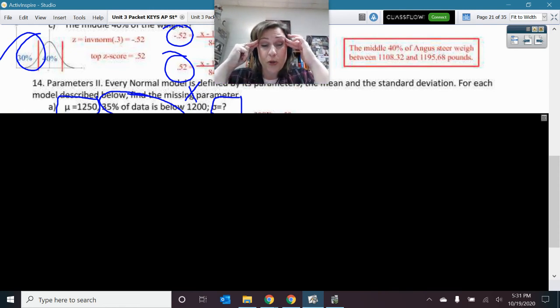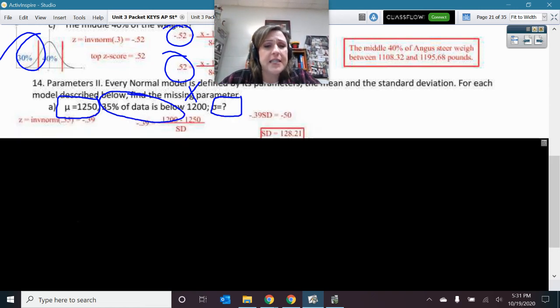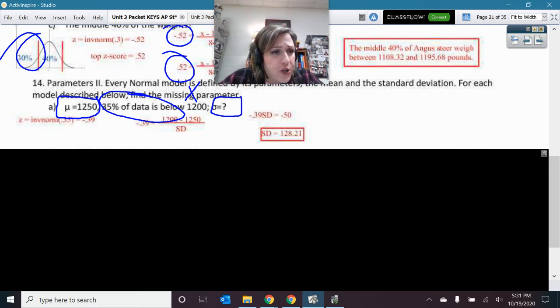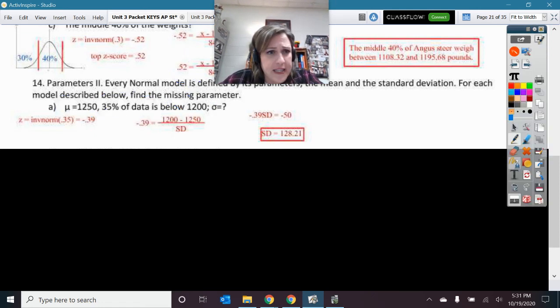That percent is not the Z, but you're going to use percent to get the Z. Use area below as the percent. So your Z is inverse norm of the 0.35, the Z at that spot. And it looks like that Z is negative 0.39.